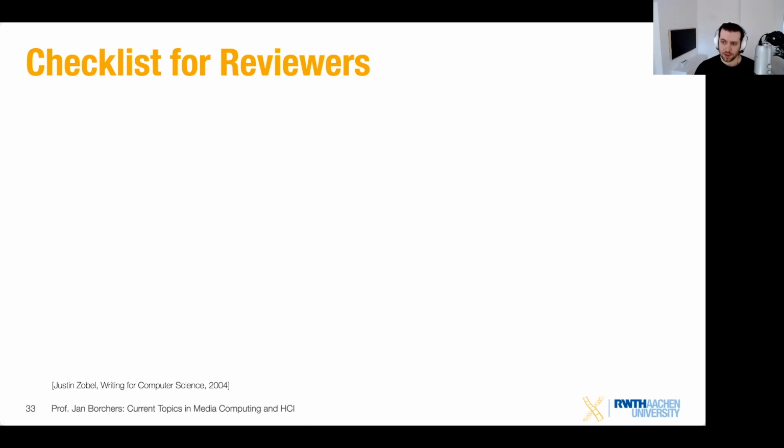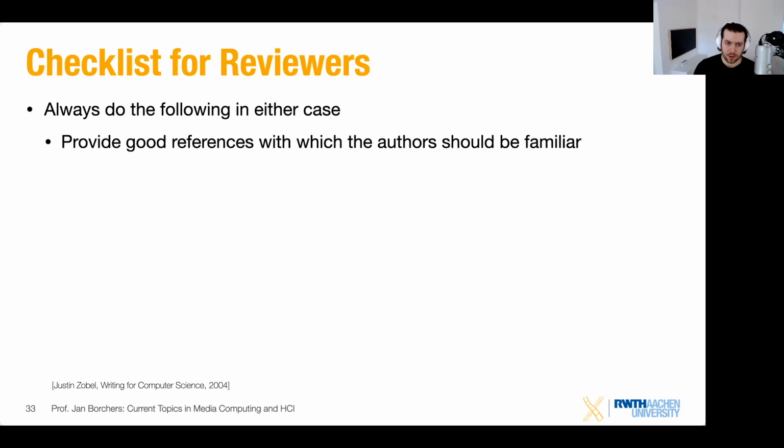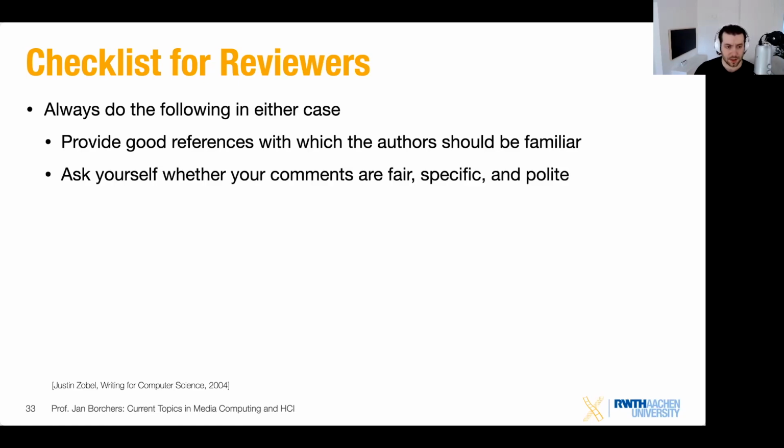And then additionally, the thing that you always need to do is provide good references with which the author should be familiar. So for example, if you see that some papers are missing in their bibliography or the literature review, then you should provide them these papers. You need to ask yourself whether your comments are fair, specific, and polite. Again, you are helping the authors. You're not there to destroy them or to say, hey, your whole work of a whole year is bad.